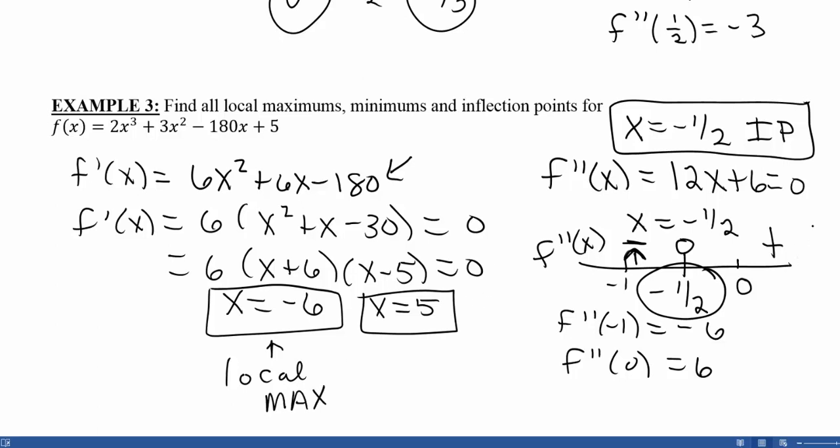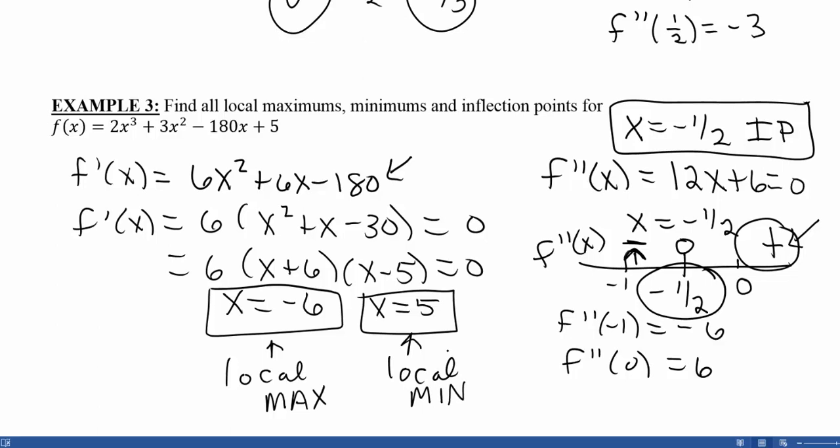Similarly, x equals 5 is to the right of negative 1/2, which means it's in the part of the function that's concave up, because the second derivative is positive for everything to the right of negative 1/2. If we're concave up and you have a critical point, that means your critical point has to be a local minimum.